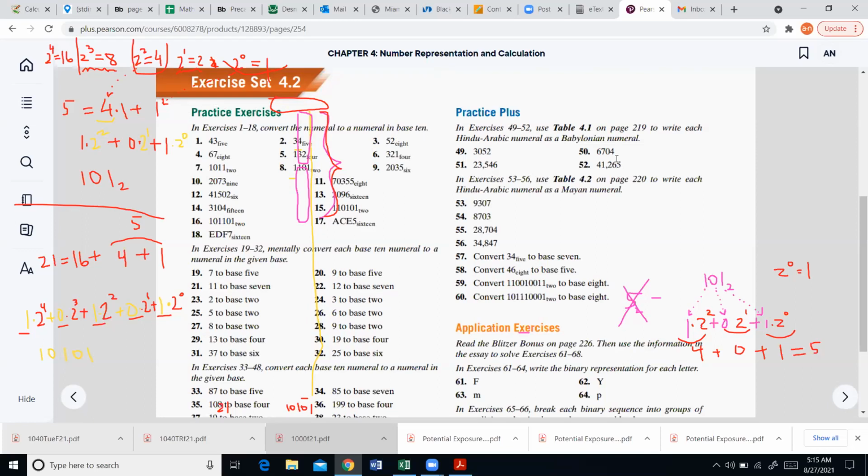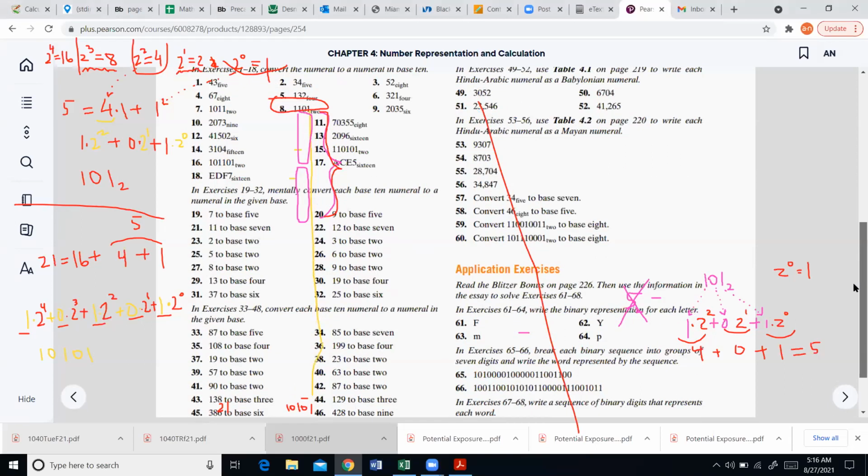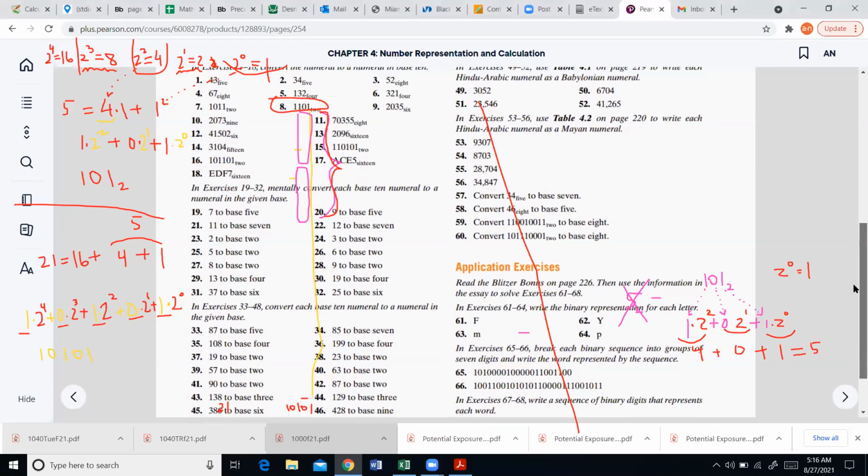So you should try for homework everything that is in the first column, and you don't need to worry about the practice plus or application exercises for the homework. You can do them, of course, and you can ask me to do them. It's fine, absolutely fine, but you don't have to do them for homework. So I don't assign them. But if somebody does, then it's absolutely okay with me.